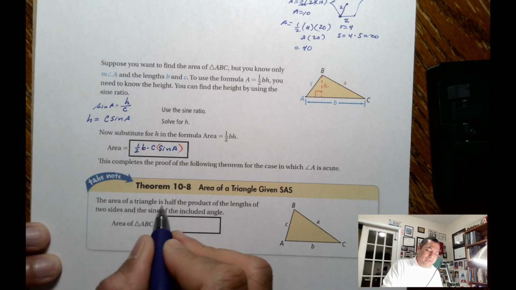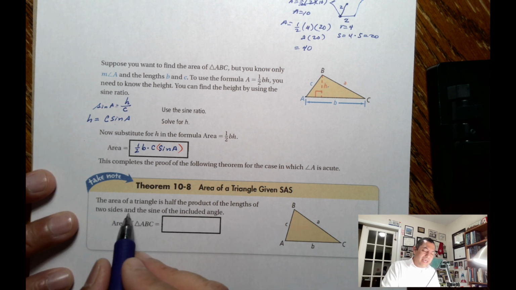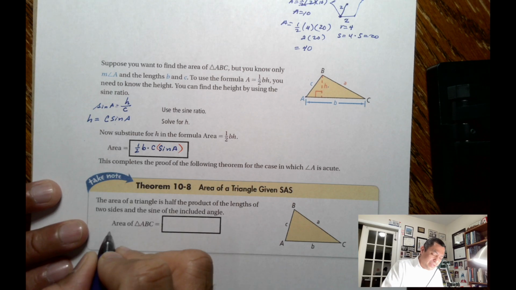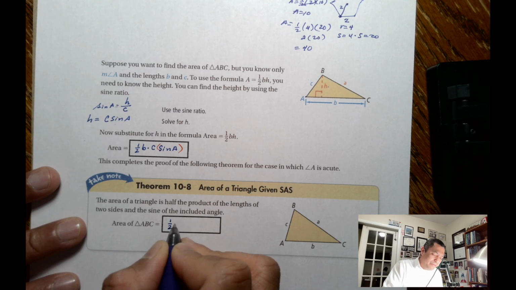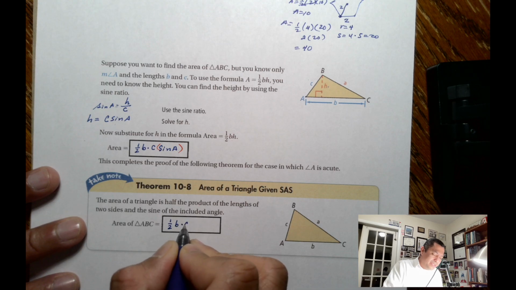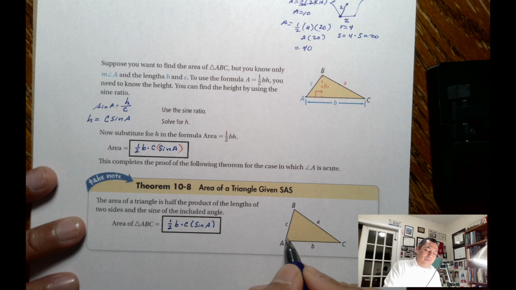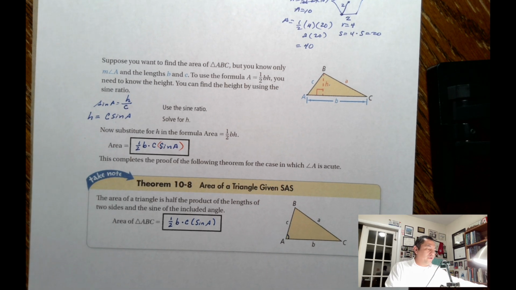So the area of a triangle is half the product of the lengths of the two sides and the sine of the included angle. So in this case, the area of triangle ABC is equal to 1/2 B times C sine of A. So I'm going to assume that A is the included angle. That's the formula we are going to use.